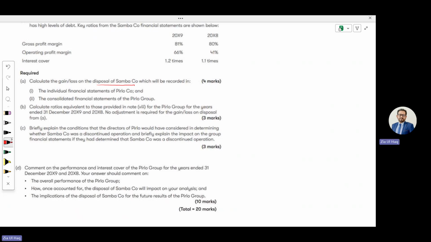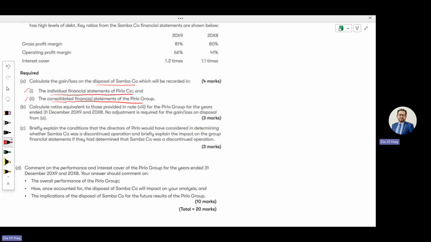We need to calculate the gain or loss on disposal of Samba company, a subsidiary, which will be recorded in the individual financial statements of Pirlo company and in the consolidated statement of financial position of Pirlo Group.